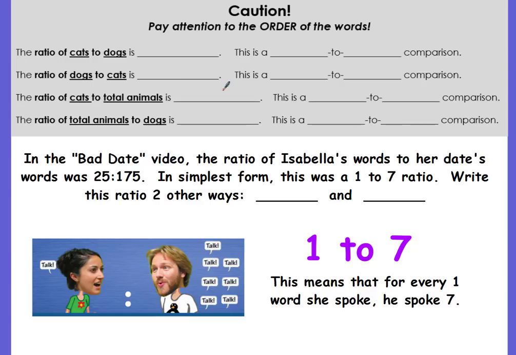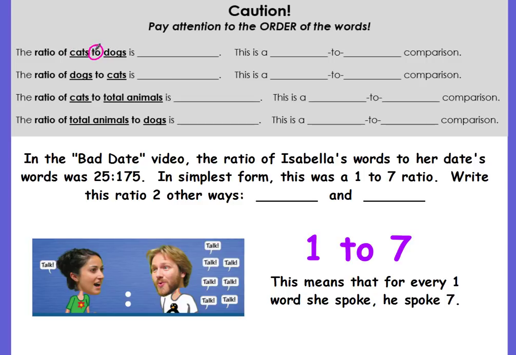Caution. You need to pay careful attention to the order of the words. The order of the words tells you the way to write your ratio. What number comes first in your ratio? So the ratio of cats to dogs, here cats and dogs are underlined. Let's circle the word to. It's very important to circle that word to because you can now see that first comes the cats and then the dogs.